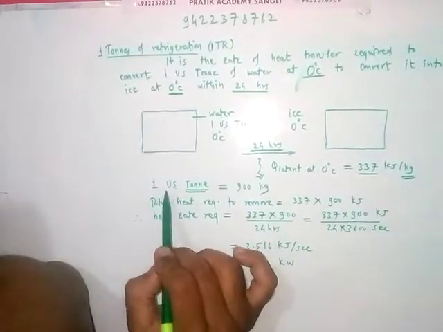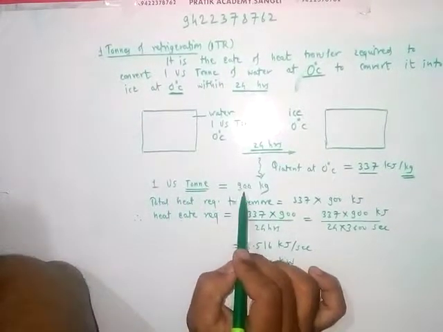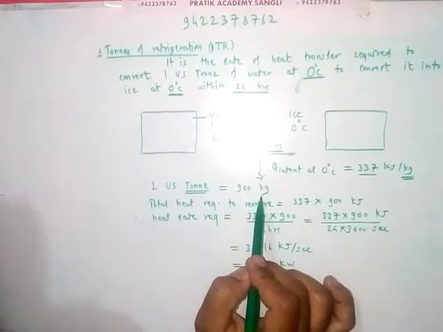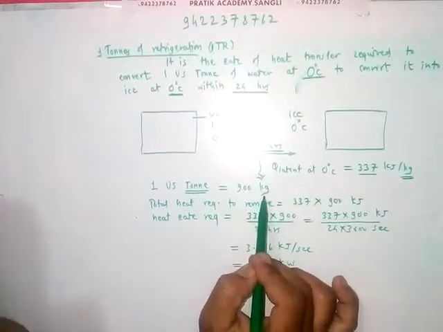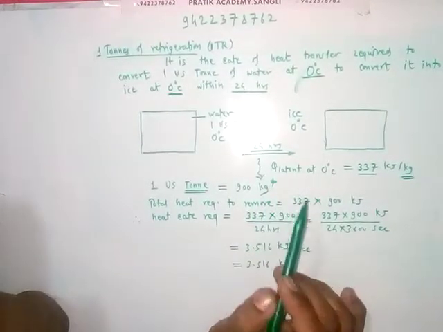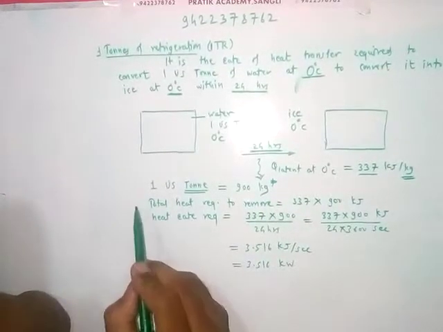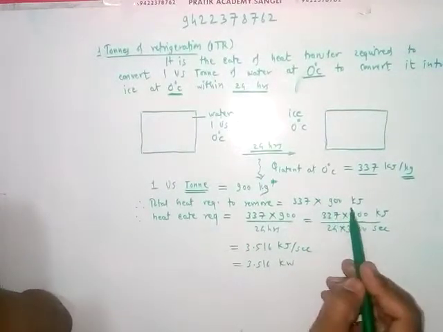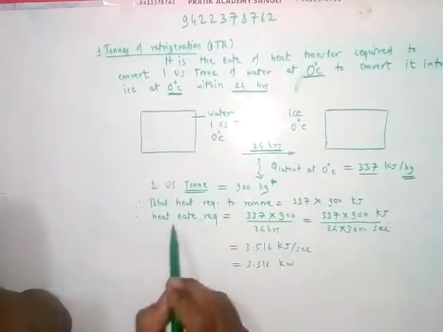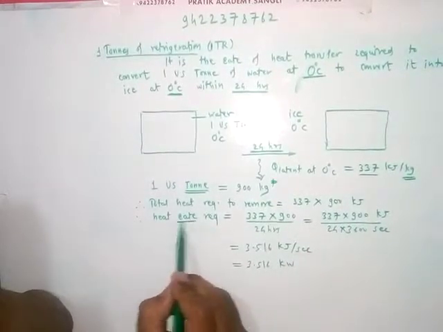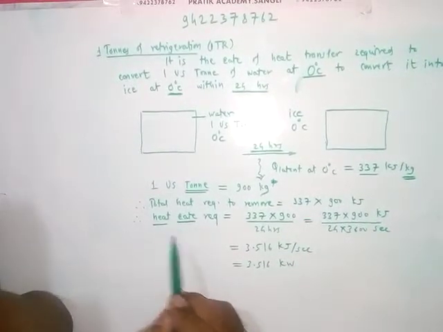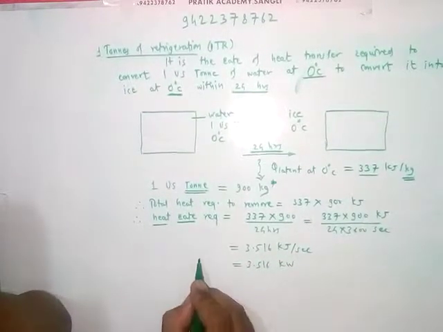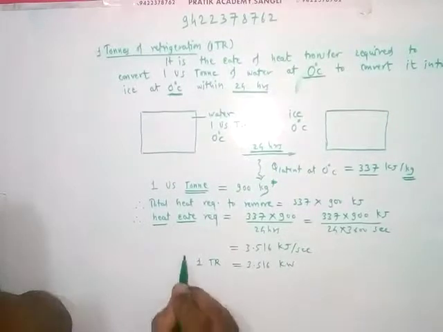Here the given mass is 1 US ton, which comes to 900 kg. Remember this conversion. Then the total amount of heat required to remove is 337 into 900 kilojoule, but we are interested in the heat rate. So the heat rate comes to be 3.516 kilowatt, and this is equal to 1 TR.